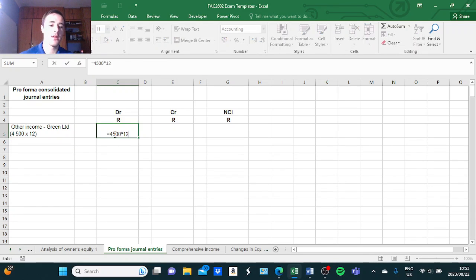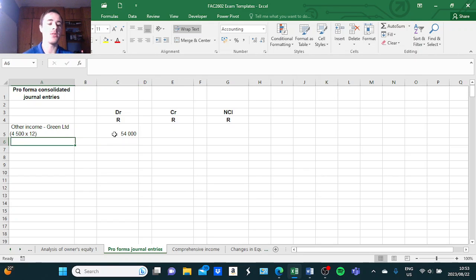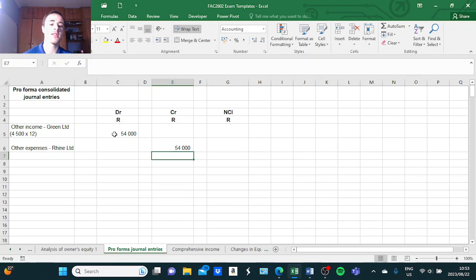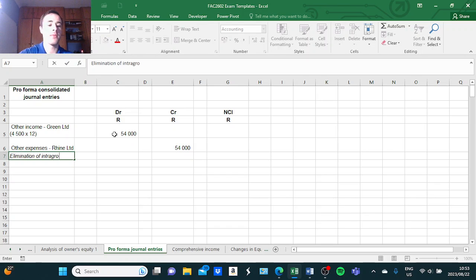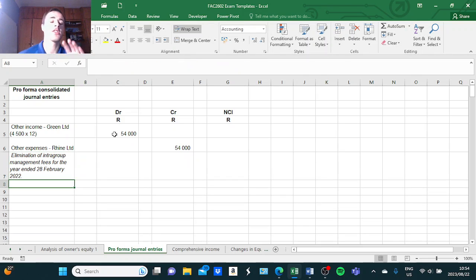This will give you 54,000, and you would then credit other expenses for Ryan Limited 54,000. This represents the elimination of intergroup management fees for the year ended 28 February 2022. So based on this journal entry, we need to subtract 54,000 Rand when calculating consolidated other income.